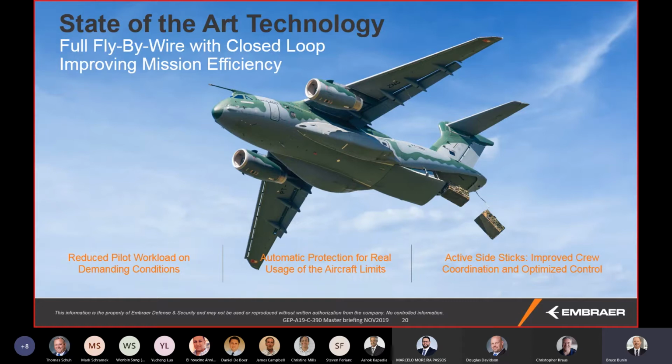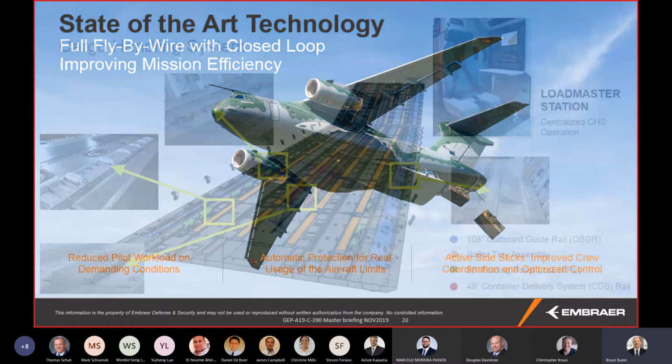They cannot change the fact that their airplane is an older design with a cable type flight control system that you can never have the same capability that we have with full fly-by-wire. So the company benefited a lot from the work that was done both in commercial aviation and executive jets to then take that learning and technology and implement it on the C-390.